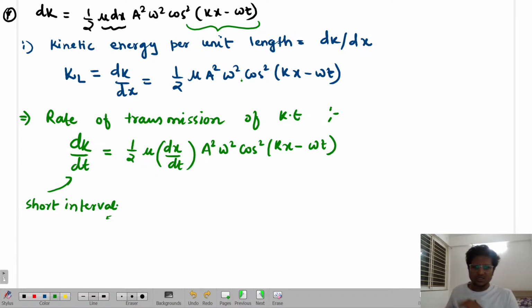See, this whole thing, cos square kx minus omega t, is defined for a whole big bunch of the time period or not. But if I want to differentiate, I need a short interval because this is dt I'm taking. So which is varying over here? Dx is varying over here or not? Means kinetic energy is varying with respect to position. So that's why I will take the differentiation of dx by dt. Are you able to get me?